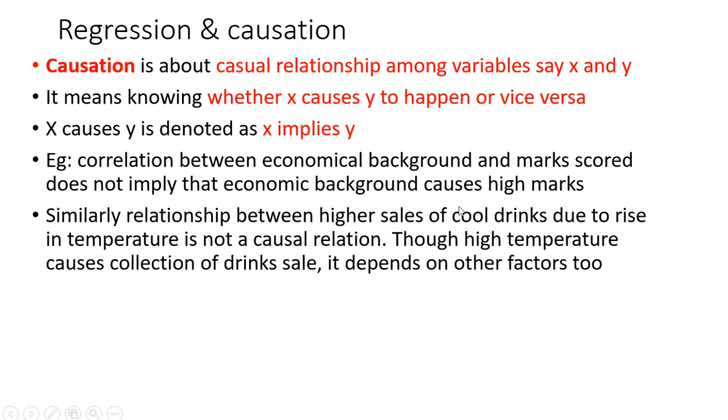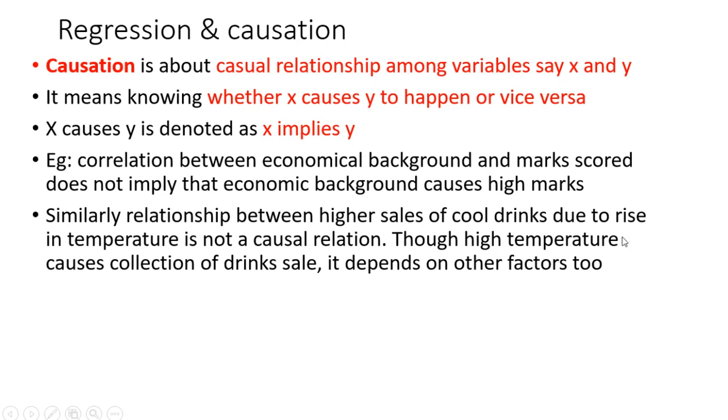Or let's take sales of cool drinks. As the temperature increases, the sales of cool drinks may increase, but it also depends upon other factors. The sales of cool drinks will not just increase because it's summer. It doesn't mean that the sales of your product will increase.